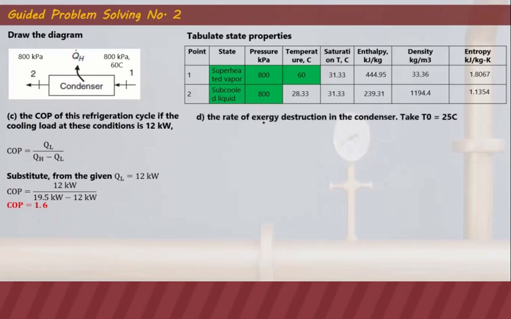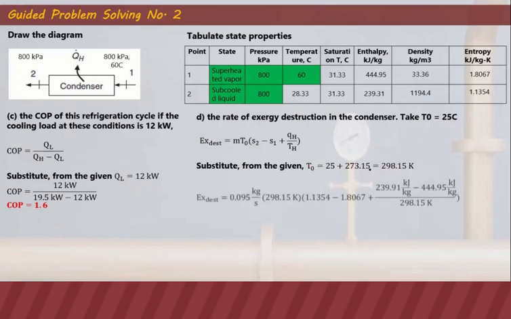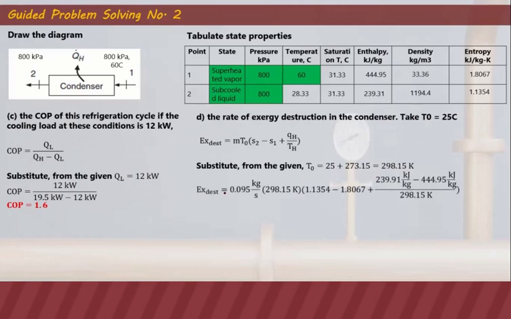And finally, for the rate of exergy destruction in the condenser using T0 as 25 degrees Celsius, we will use this formula. So we substitute our T0 in terms of Kelvin. And then for our TH, we use the same value.